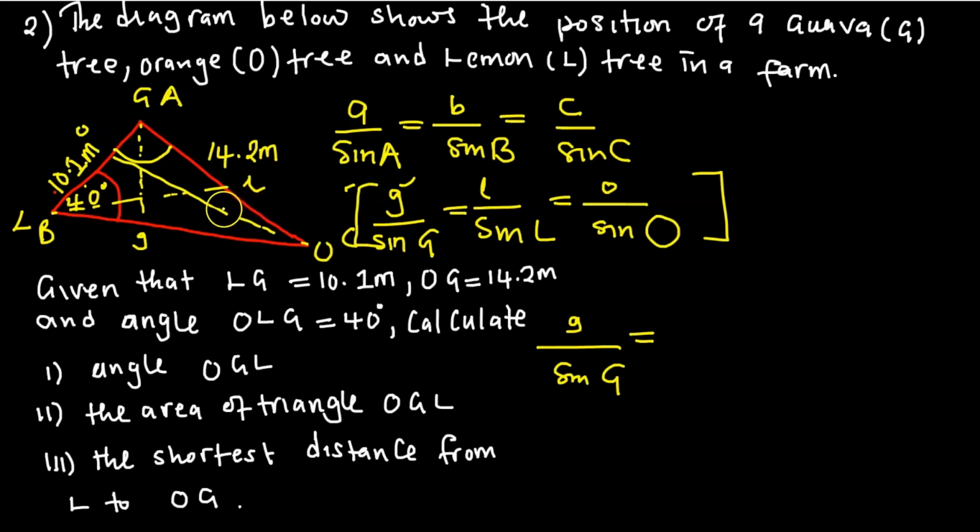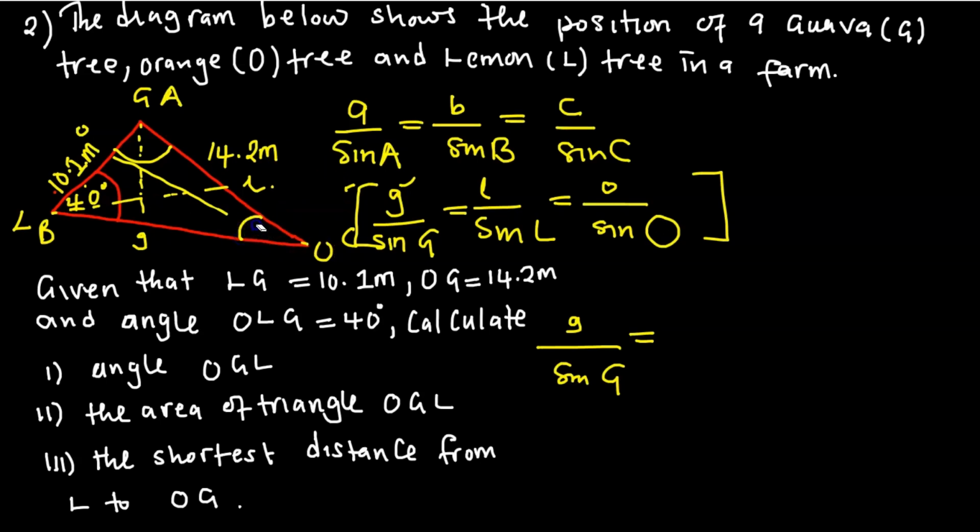L has 40, so L has the angle and the side. O has a side. G does not have anything. So we cannot go direct to find this angle. Instead, we are going to use the other part, which is O, because O has a given.